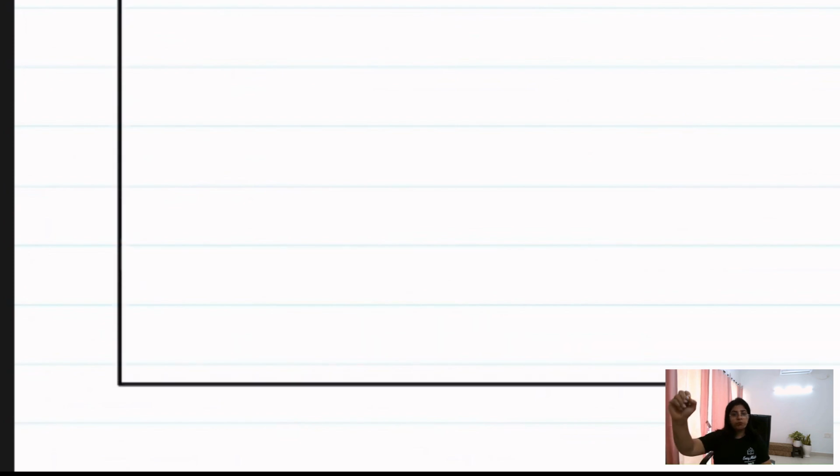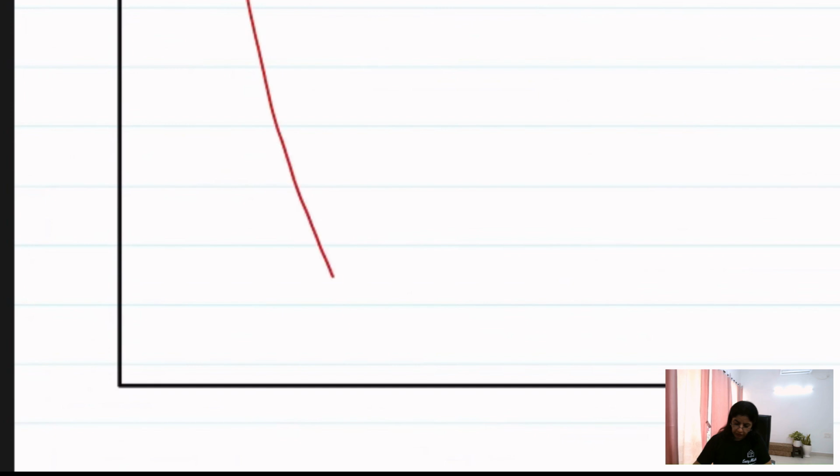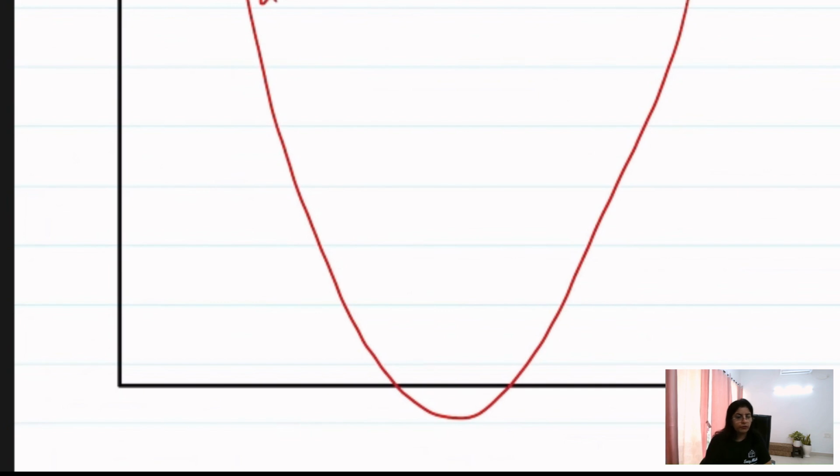Whereas in the case of a quadratic polynomial, now here I'm coming to a very important point. In the case of a quadratic polynomial, the graph is going to be a parabola. So let's make an x and y axis. Suppose this is a quadratic polynomial, any quadratic polynomial ax square plus bx plus c.